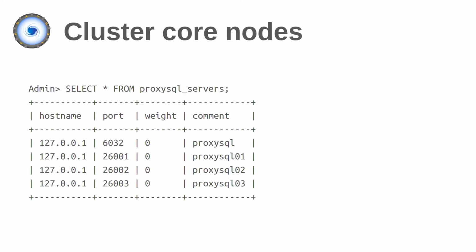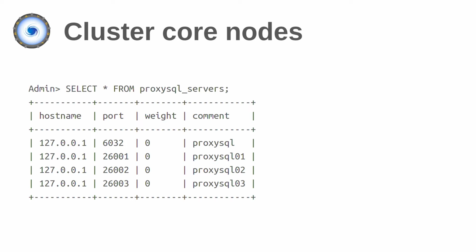Okay. Now, if you're familiar with ProxySQL, you know that basically all the configuration is in tables. ProxySQL cluster is no different. So you have a table called proxysql_servers, and there you have a list of all the proxies that are part of the core nodes of ProxySQL cluster. In this example, we have 4 proxies that are running locally on the same instance.